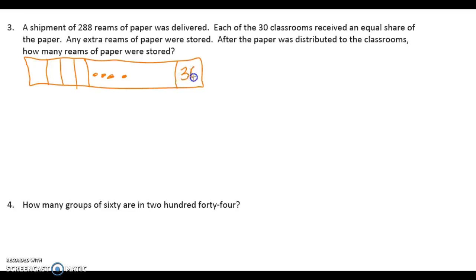We don't need to label them all, we just need a picture. We have to take 288 reams of paper and share them evenly so that all those teachers, because teachers are nice, each get the same amount of paper. And then we've got our storage shed over here where we're going to keep anything extra.